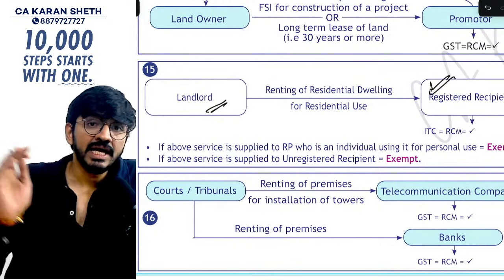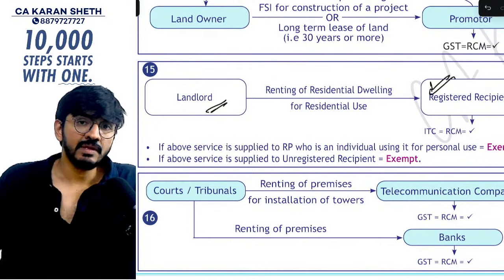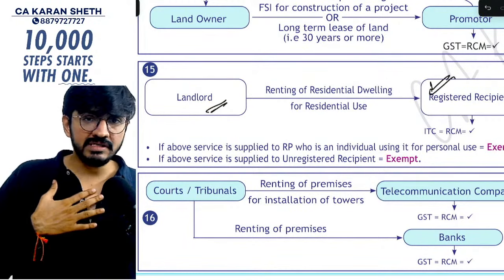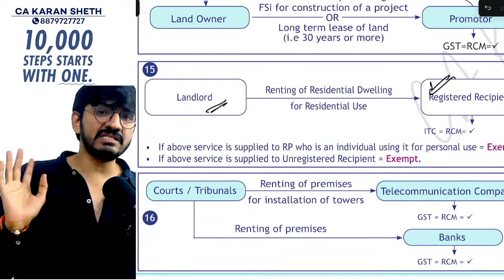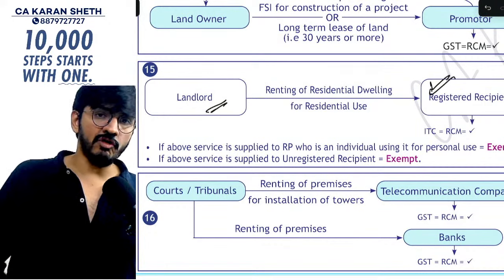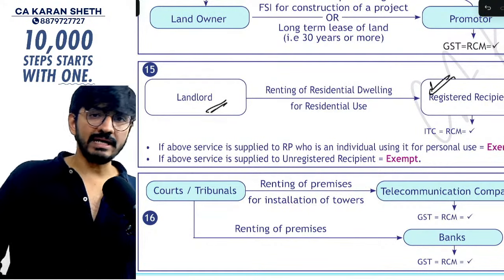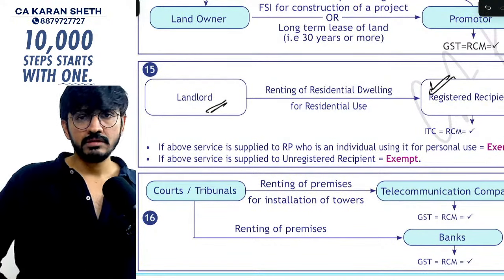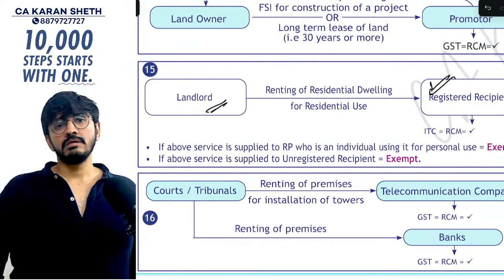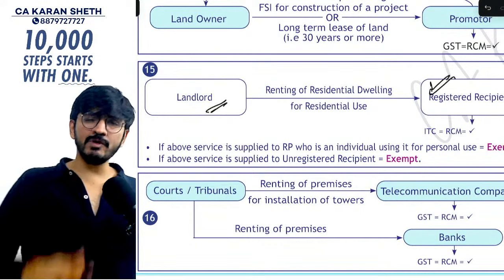But understand, if the same registered recipient is an individual person, let's say for example, I am a practicing chartered accountant. I am a professional, and the gross receipts of my practice easily go more than 20 lakhs. Let's say it's 2 crores. So I am a registered person. Yes. I am living in a rented home. Now I am an individual, understand.